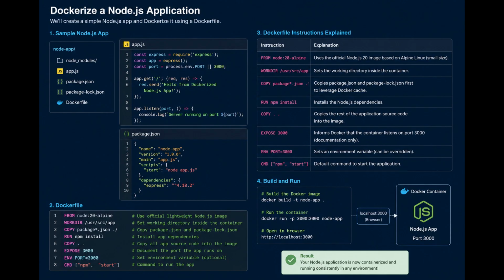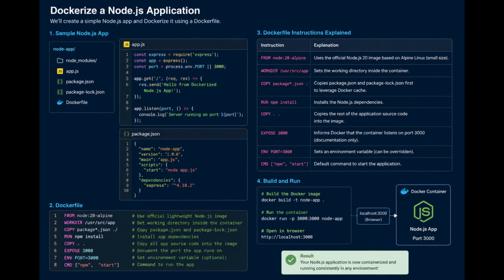Next, we have RUN npm install. This command installs all the dependencies listed inside package.json. The installation happens inside the container itself, meaning the container gets its own isolated dependency environment. This is one of Docker's biggest strengths. The application no longer depends on software installed on the host machine.